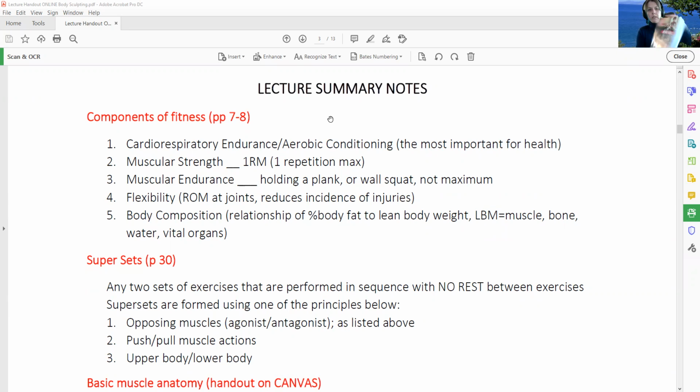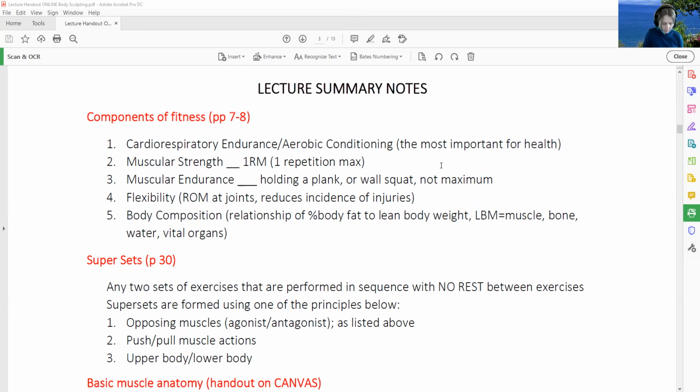We talked about this in class. So what I'm covering today as the first chapter in the book is our components of fitness chapter, or a couple of pages, 7 and 8.